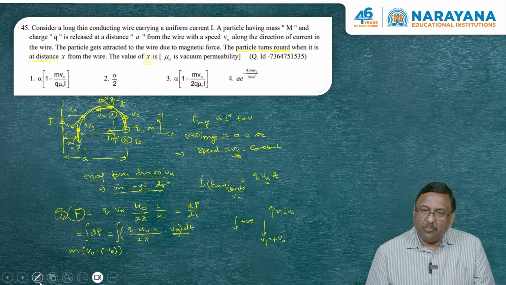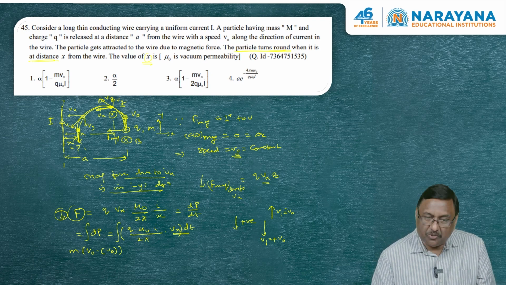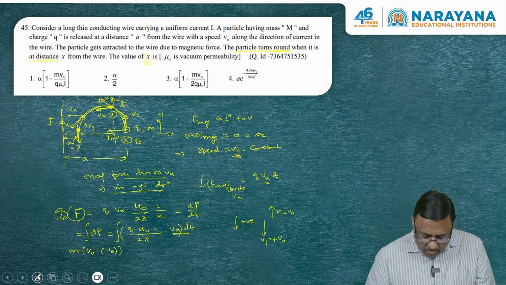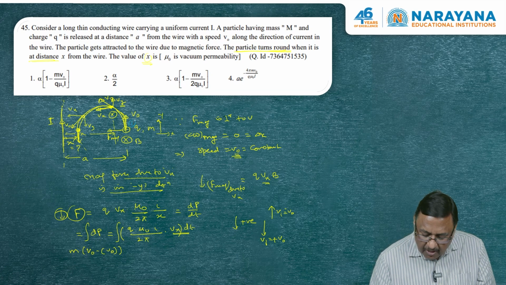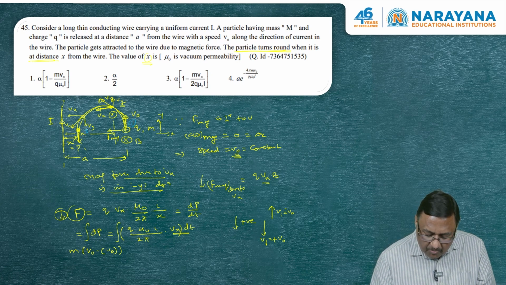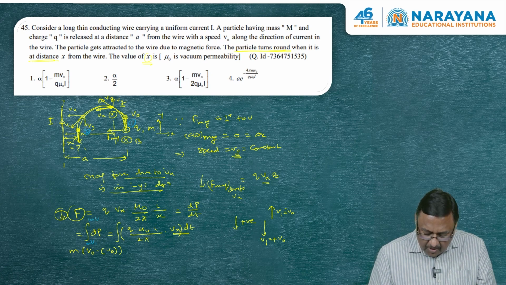It is my change in momentum by the time the body has gone from this position to this position. So I'm writing directly between positions 1 and 2. Here is my position number 1 and here is position number 2. So it is P1, V1, and m into V2.